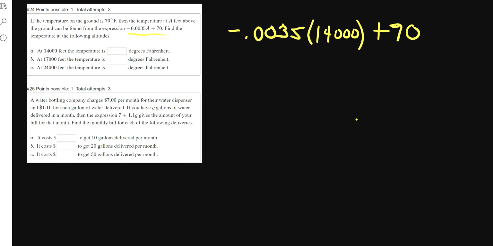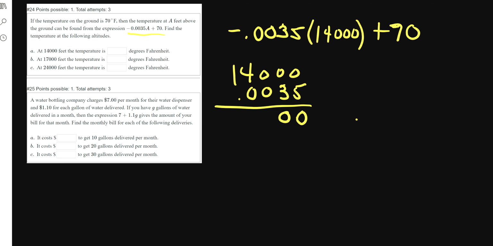So when we do the math, of course we've got to do this without the calculator, but it is 14,000, a lot of zeros we're dealing with, and then I've got here 0.0035. When we multiply this, I've got 5 times 0 is 0, 5 times 0 again, 0, 5 times 4 is 20, put down the 0, carry the 2, 5 times 1 is 5, plus 2 is 7.